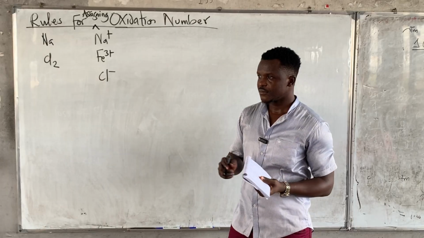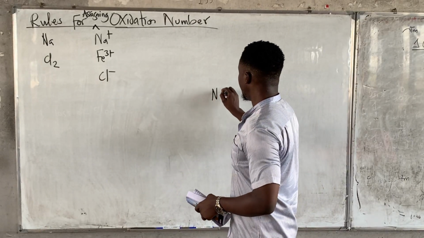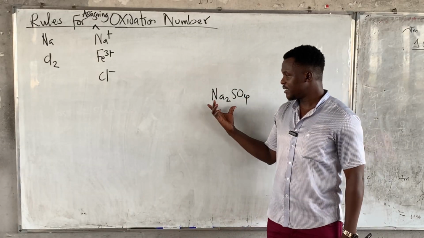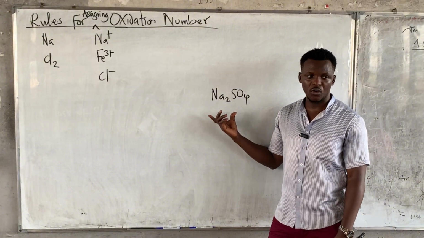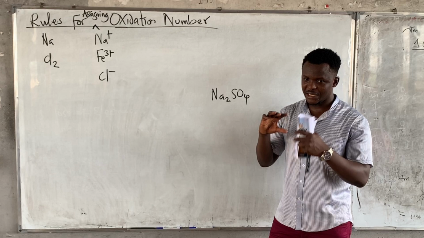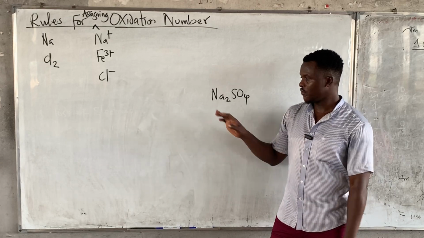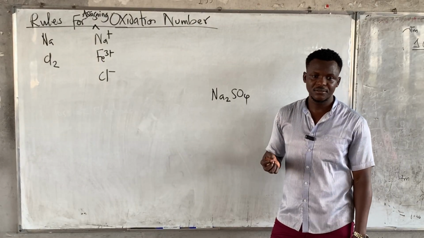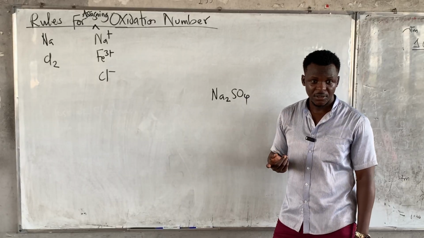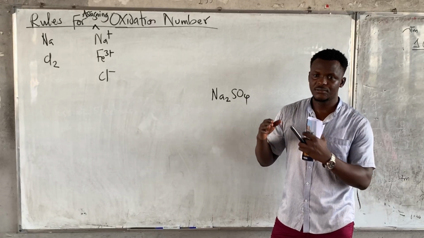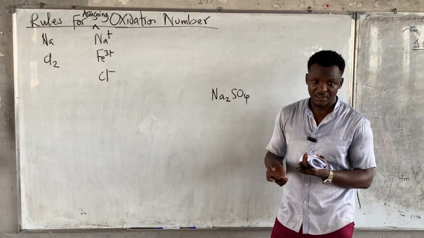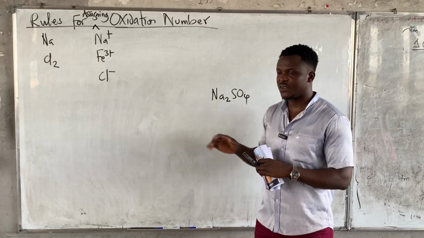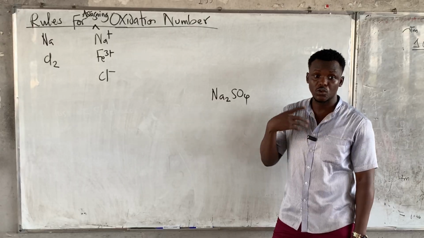That means if you see something like Na2SO4, sodium is not uncombined but inside a compound or molecule. To get the oxidation number of sodium in this compound, sodium is in group 1, and group 1 elements will have +1, right? Because elements in group 1 and group 2 will have +1 and +2 respectively. In cases like this, they will specify which of the elements you're to solve for.